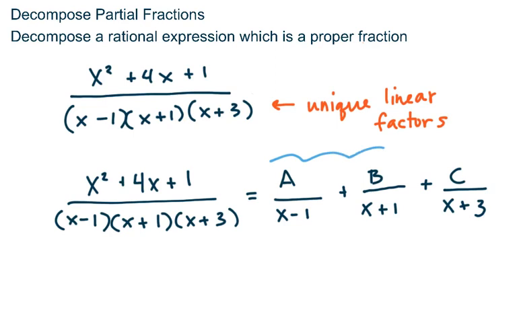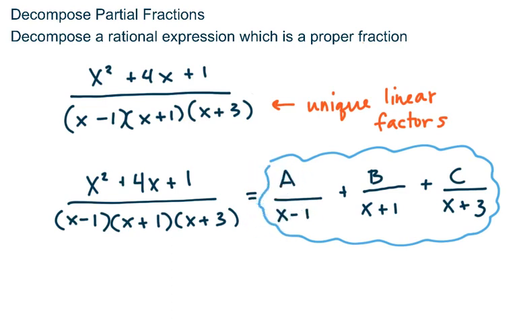So our goal here is to determine what this a, b, and c value are. And once we know that, we'll have three smaller fractions, and these will all be easy for us to integrate.